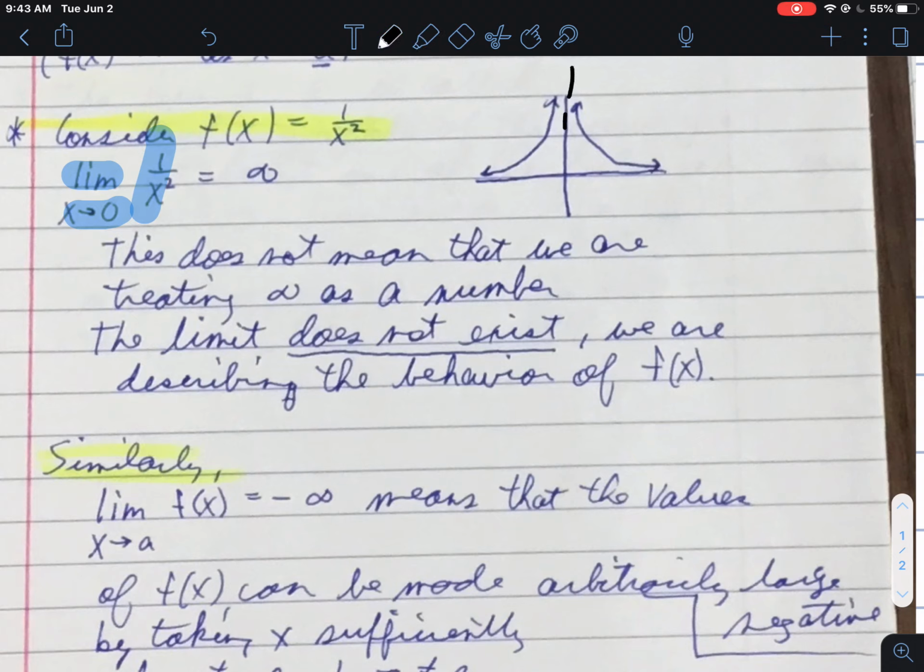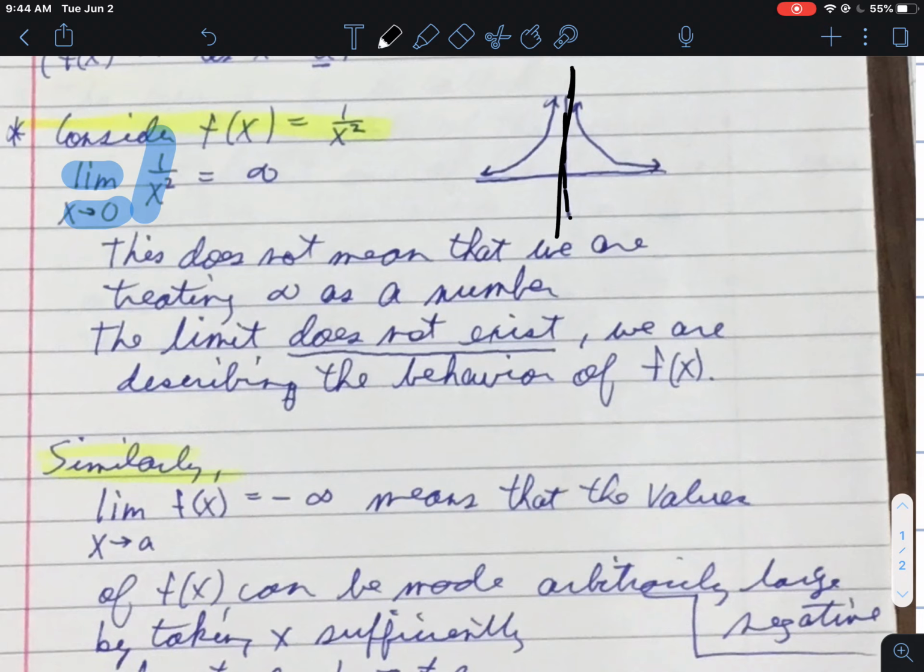The y-axis in this case is a vertical asymptote, because as x approaches 0, the graph of that function is just going to continue to shoot off to infinity. It's going to get closer and closer and closer to that y-axis without ever touching it. It can't touch it because 0 is not in the domain of our function. And so we're going to mention vertical asymptotes. There obviously is some type of relationship there.